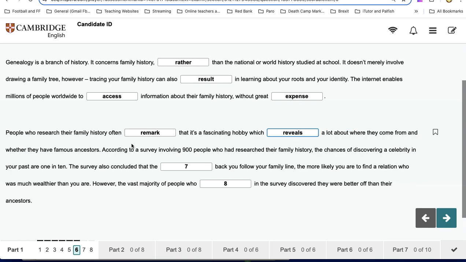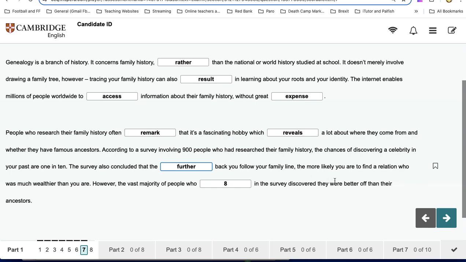According to a survey involving 900 people, the chances of discovering a celebrity, blah, blah, blah. The survey also concluded that the older back you follow, greater back you follow, higher back you follow, further back you follow. That's pretty easy as well. It is the further back you follow, I think.